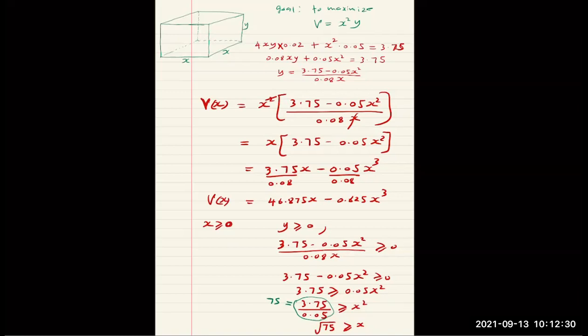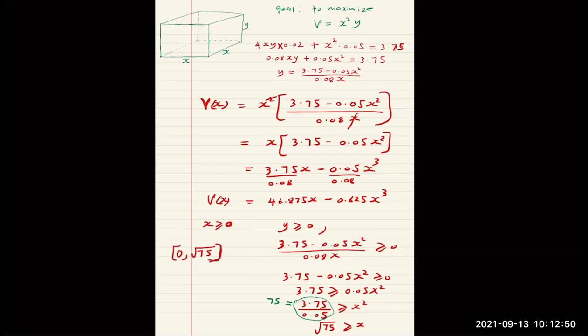That gives me an upper bound. And already I know that x is greater than or equal to 0. That means my interval of maximization would be 0, square root of 75. Closed interval, by the way.